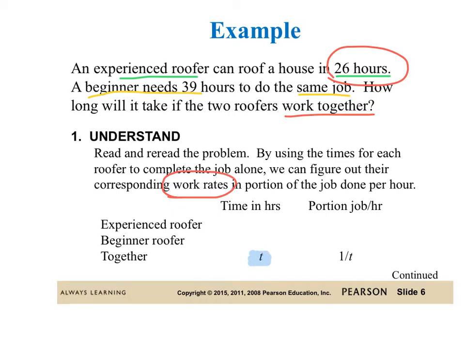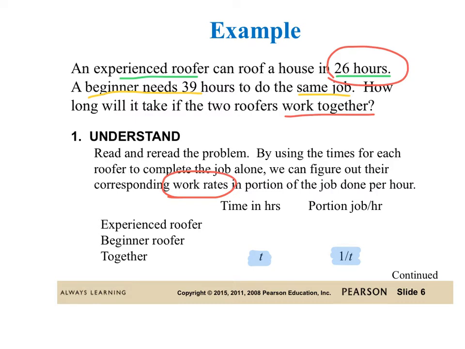That's our unknown. But every hour working together, they can do 1 over T of the job. In other words, if they could do the job together in 10 hours, let's say, then each hour they would have done 1/10 of the job.